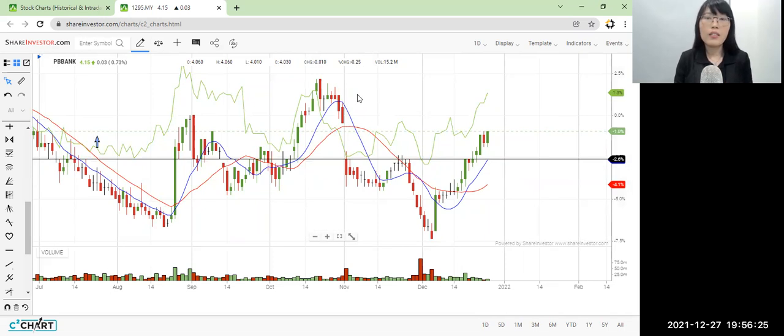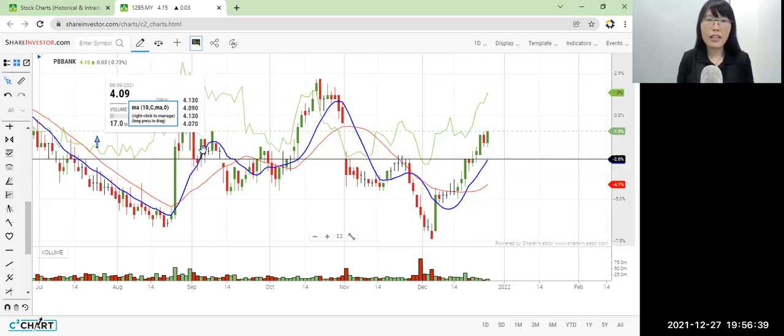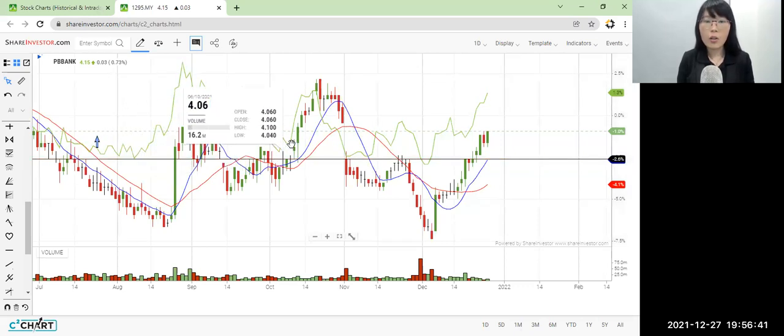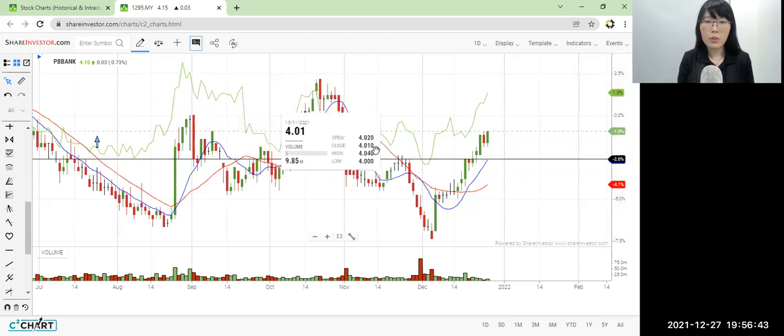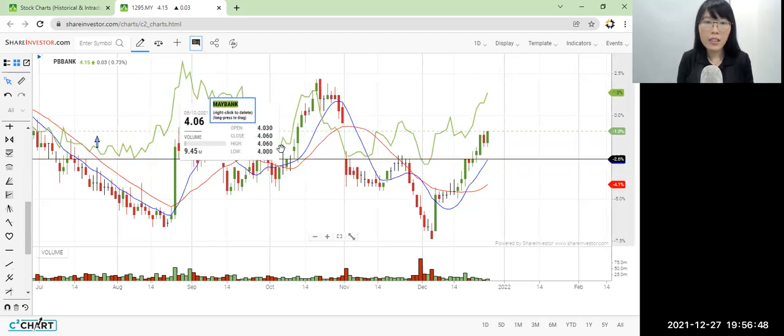And then you can also click on the info dynamic, info statistic. When you point your mouse at each candle of the day, you can see all the information show up from here. For example, open price, close price, high price, low price, volume and so on.